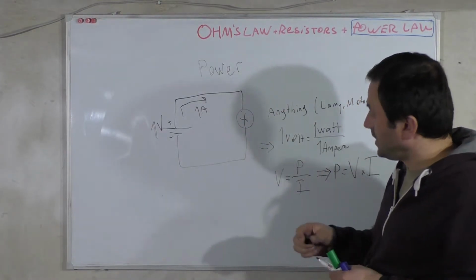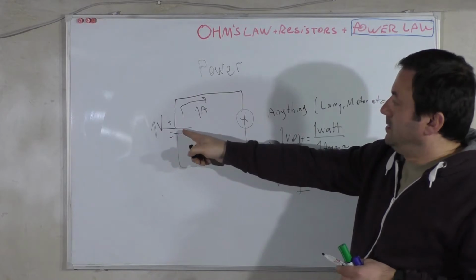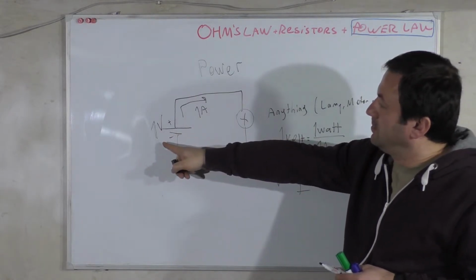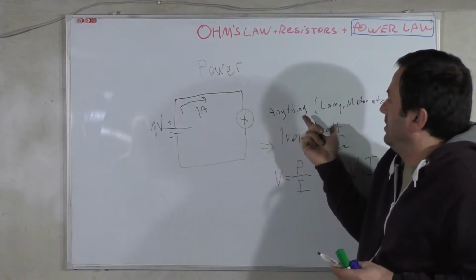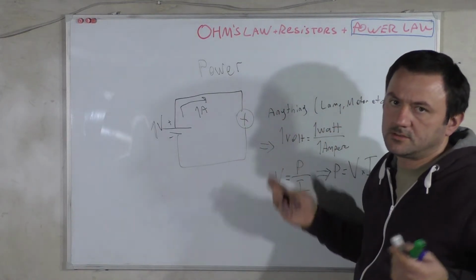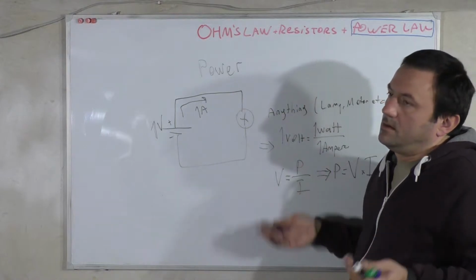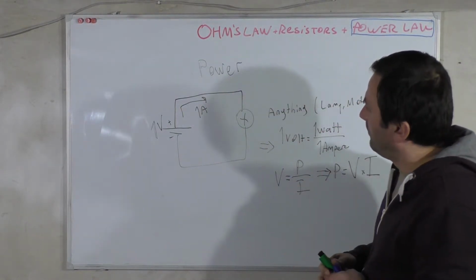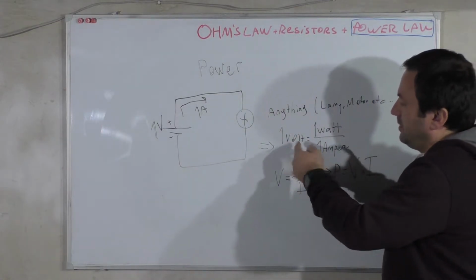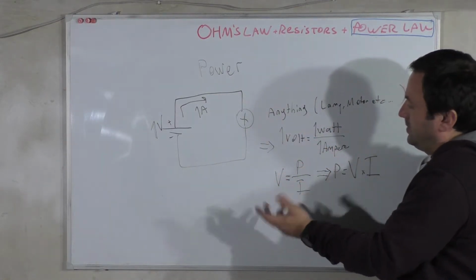Well, there is a simple circuit and 1 volt and 1 amp passing through it, from anything. It can be a lamp, a motor, a resistor, anything. So what is volt doing?